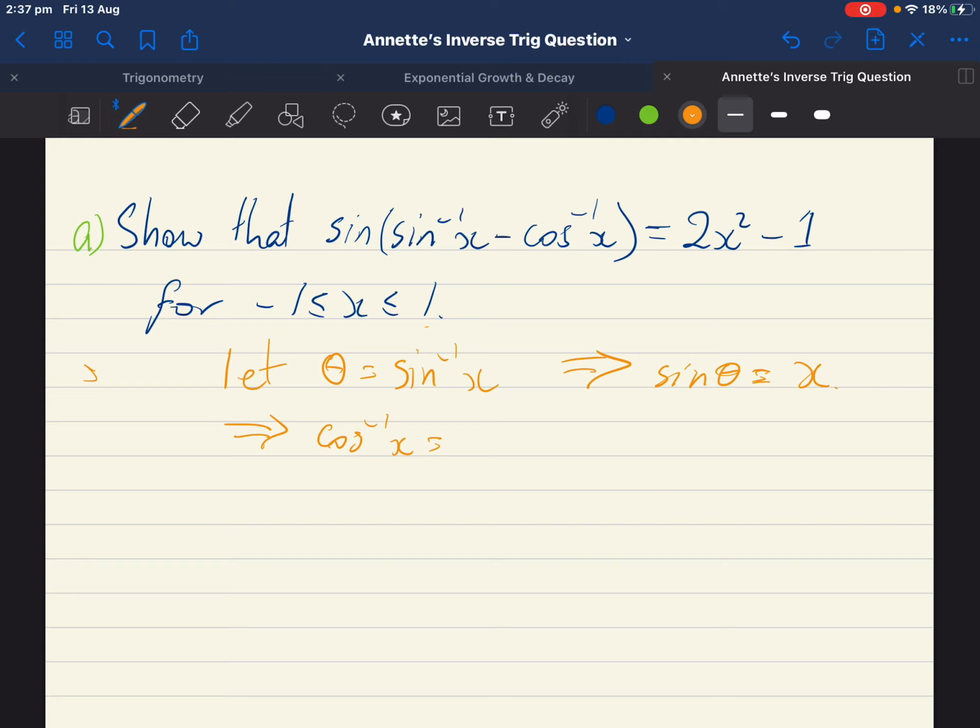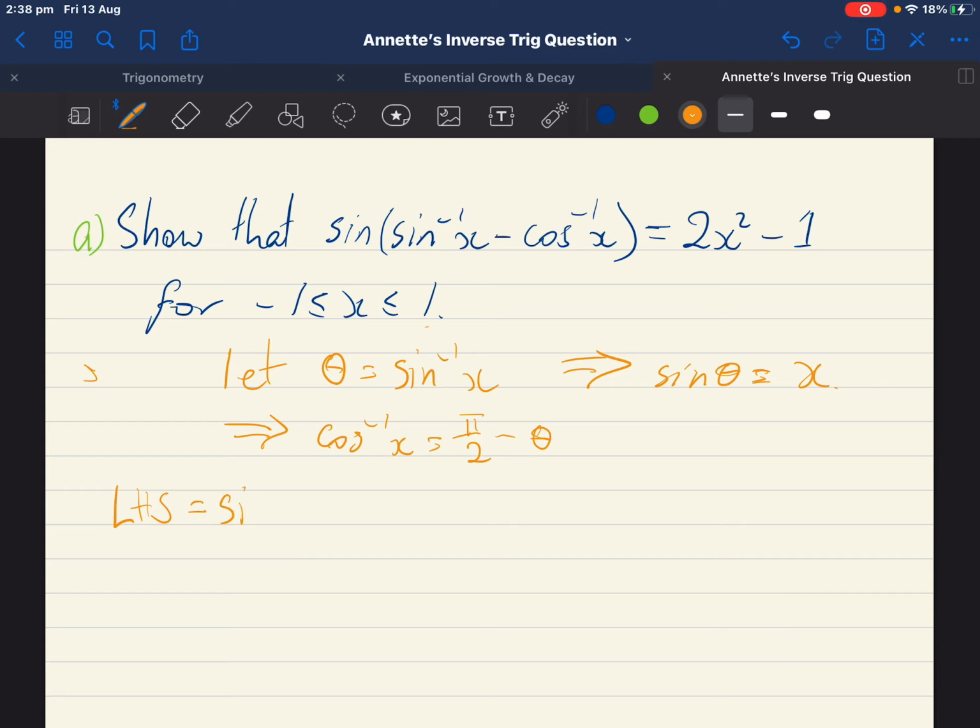So inverse cos x will just be equal to 90 degrees, or in other words pi on 2, minus theta, the inverse sine x. So we have an expression for inverse sine x, that's going to be theta, and an expression for inverse cos x, that's going to be pi on 2 minus theta. So now we've got expressions for both of our inverse trig components. We can now properly look at this left-hand side.